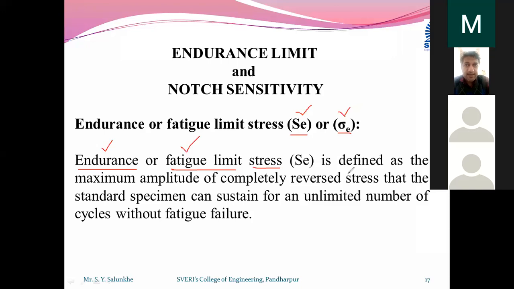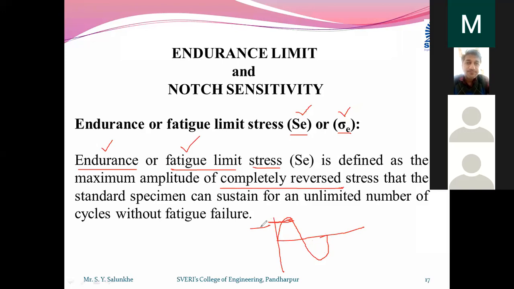It is defined as the maximum amplitude of completely reversed stress. Here, this word should be underlined, and that is indicating completely reversed. What it means is that the amount by which you apply tensile load, the same amount of compressive load has to be applied, completely reversed.